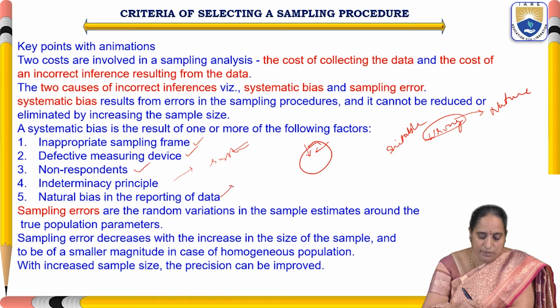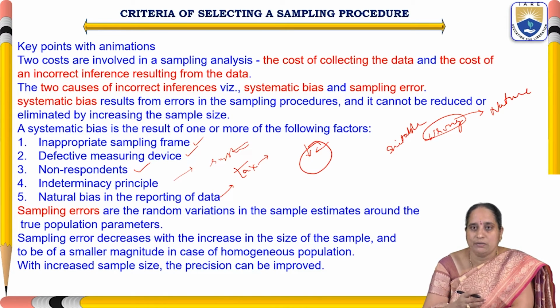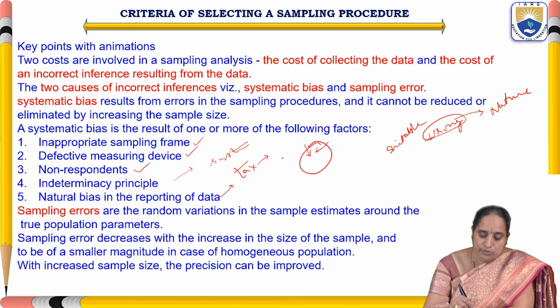This happens especially in tax related matters. When they disclose things to the government taxation department, their answer will be different, and when they move with their friends and family members, they discuss something else. So that also leads to bias in the system.